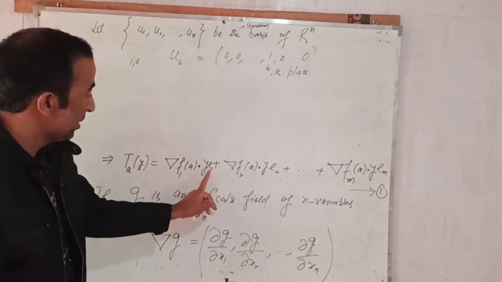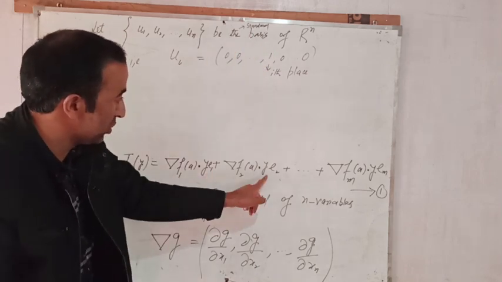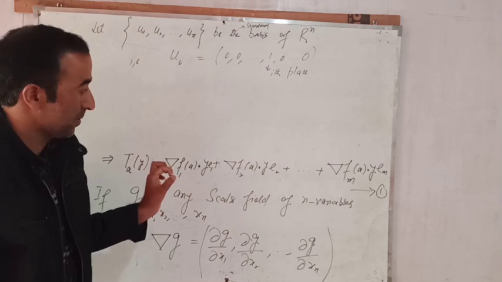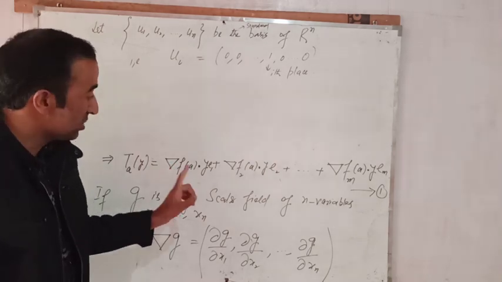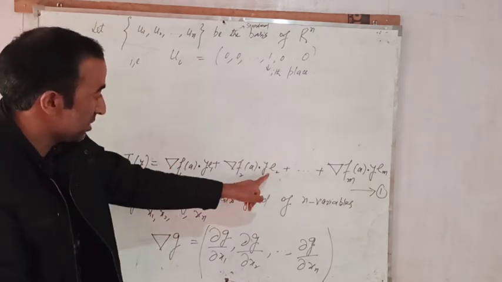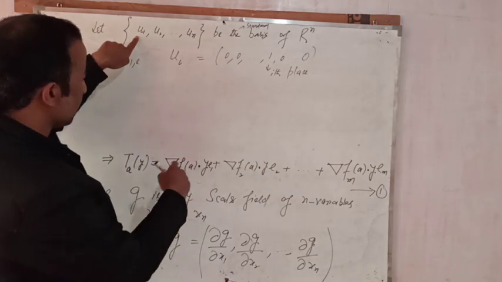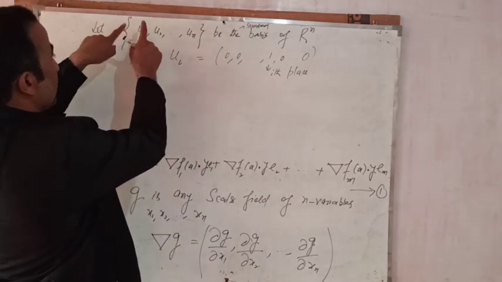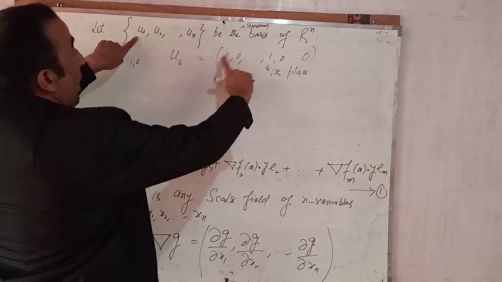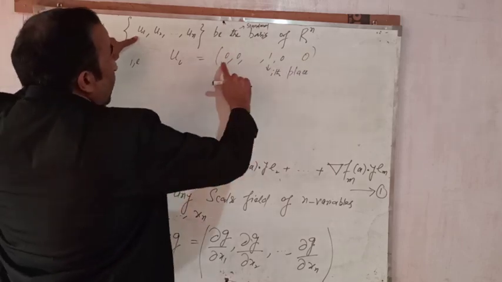You should remember these e_1, e_2 are m-tuples, each is an m-tuple. Here I have again such vectors, but in this case it is an n-tuple. There are n components in this vector.